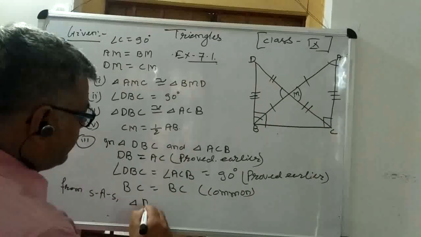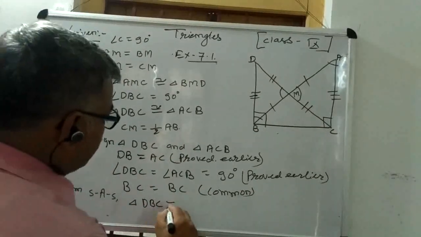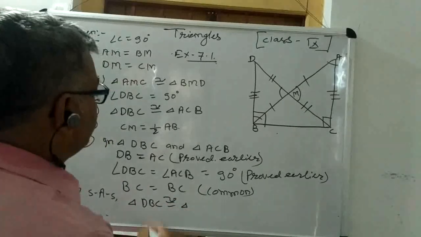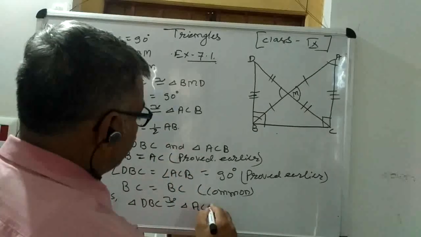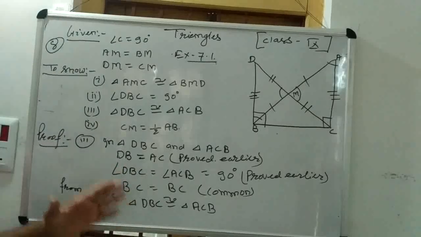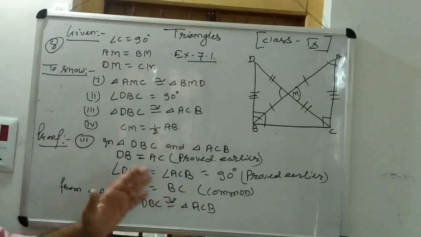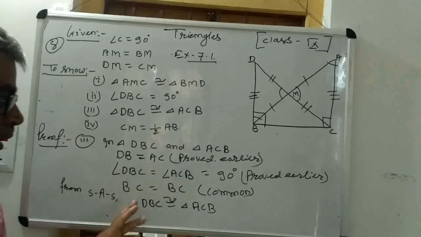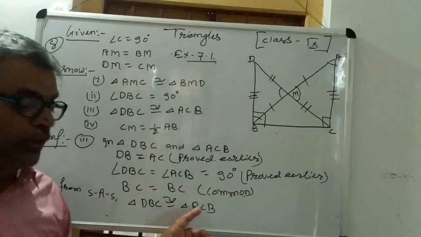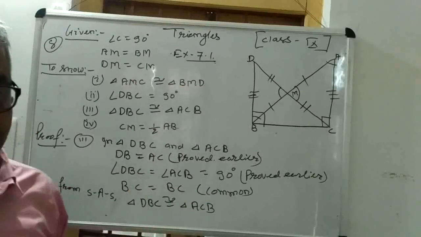Triangle DBC becomes congruent to triangle ACB, and in this way your third part has been concluded. Your third part has been proved, that triangle DCB is congruent to triangle ACB.